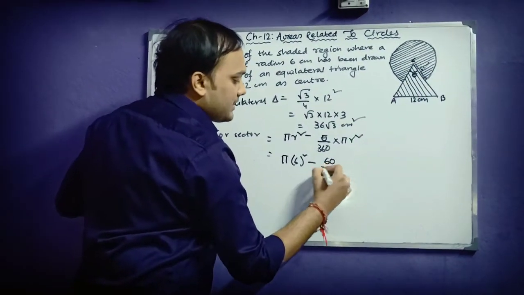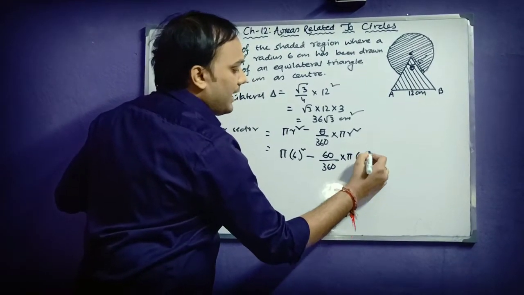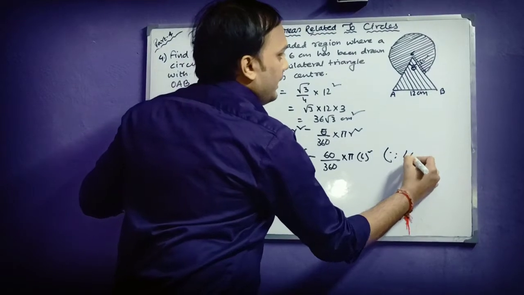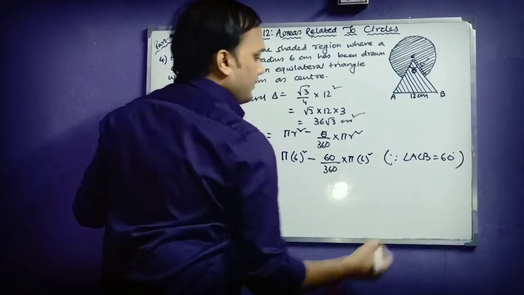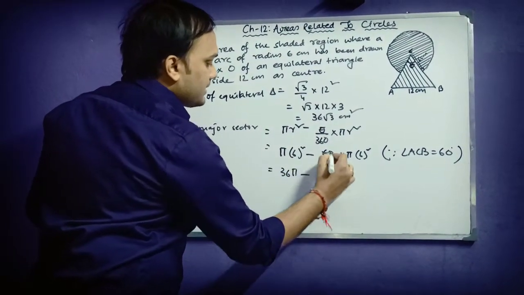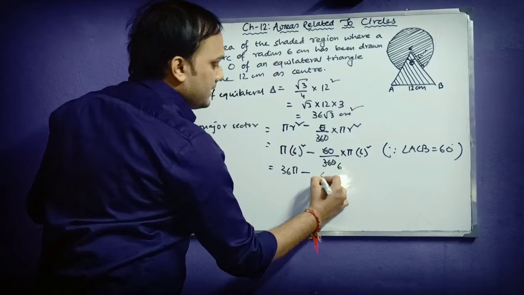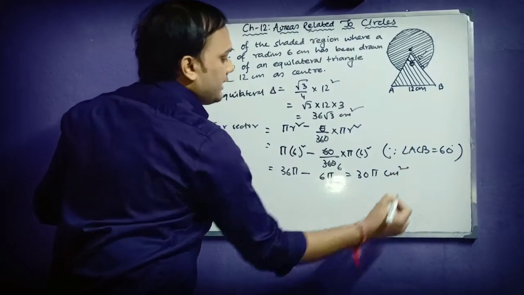So it will be 60 by 360 into pi into 6 square, as angle ACB is equal to 60 degree. Okay, so we will get here 36 pi minus 6 pi. So we are getting here 30 pi centimeter square.